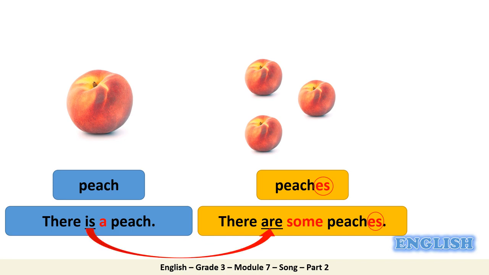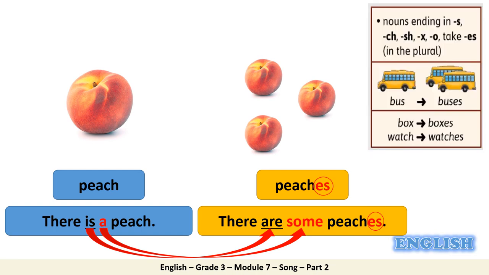We also changed "a" to "some" and "is" to "are". So what's the spelling rule here? When the word ends with s, ch, sh, x, o, we have to add ES in the plural. So that's the second rule.